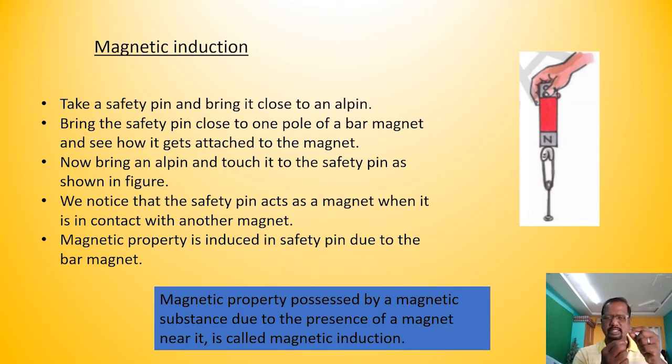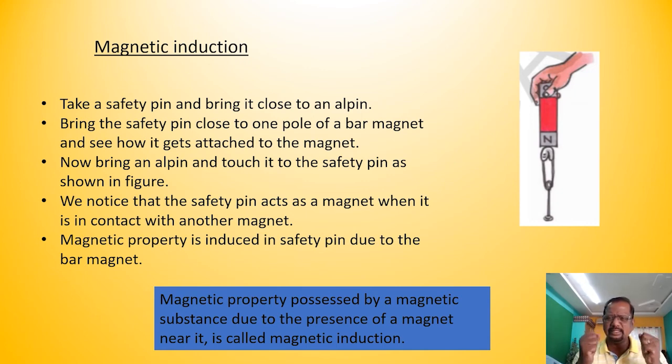Immediately you will notice that the safety pin gets attached to it. Now get the alpin and bring it near the safety pin. The alpin will get attached to it. Previously, it didn't happen. Now the alpin is getting attached to the safety pin.